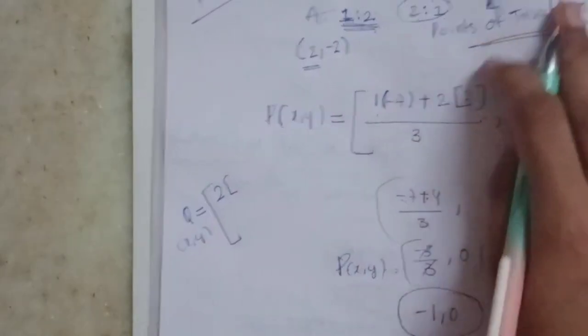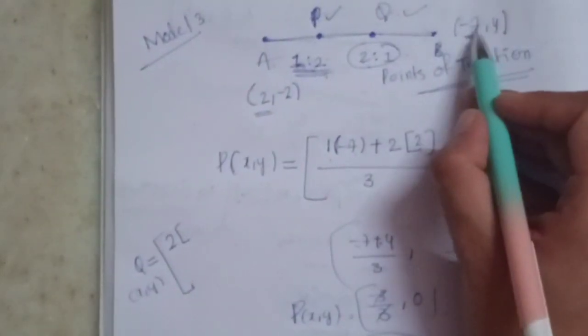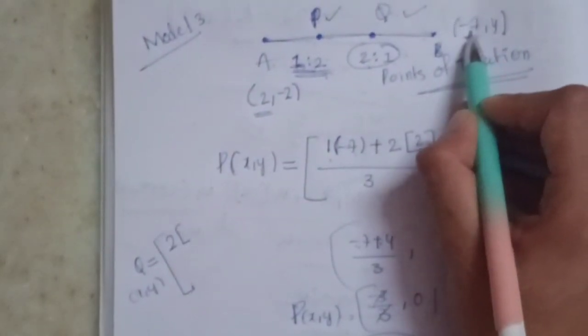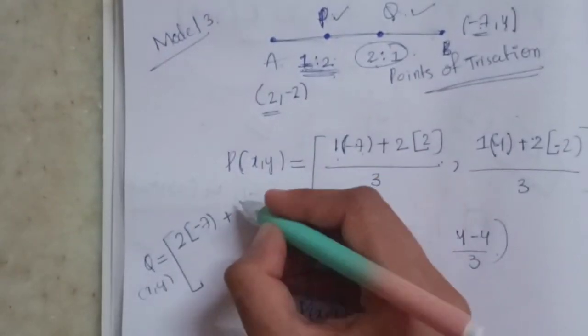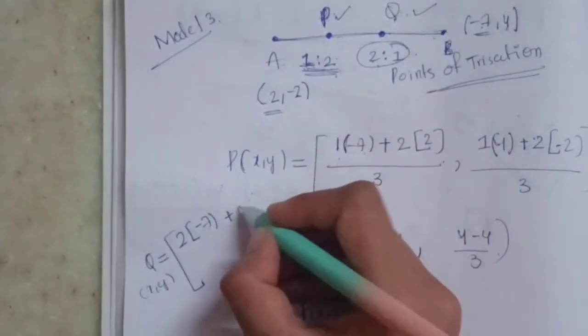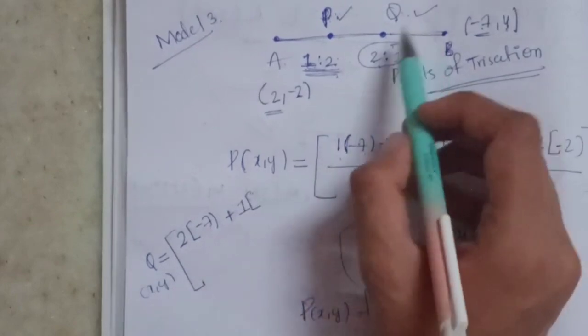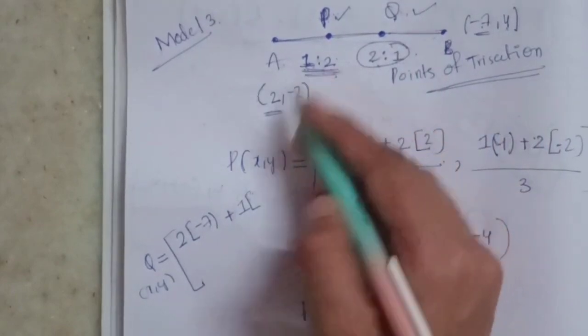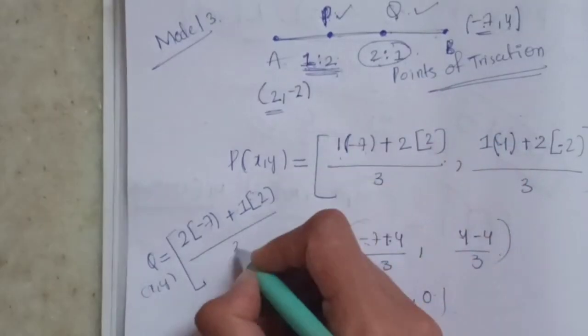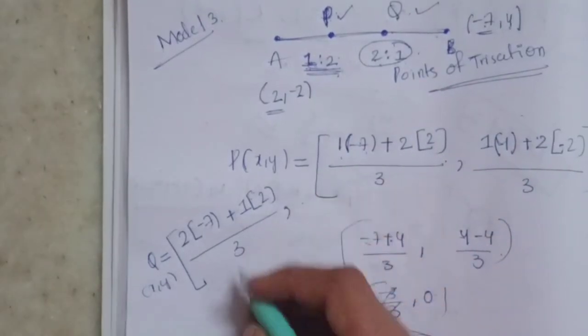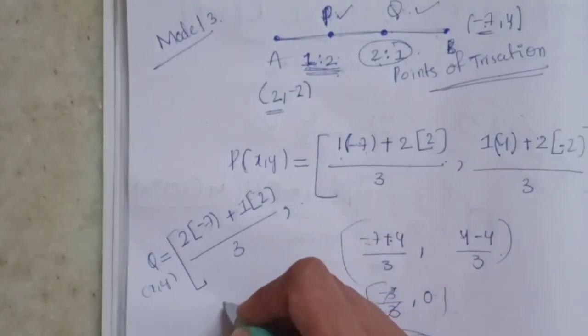M1 x2, what is x2? It is minus 7. Okay. M1 x2 plus M2, what is M2? 1. M2 x1, what is x1? 2. M2 x1 by M1 plus M2 is 3, comma y coordinate.